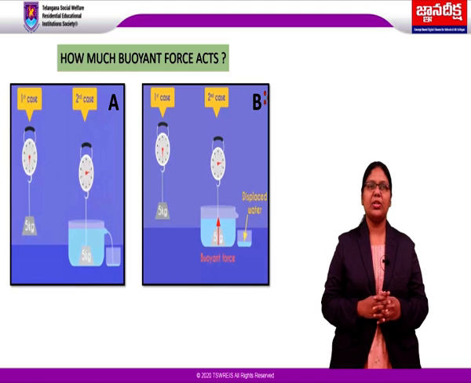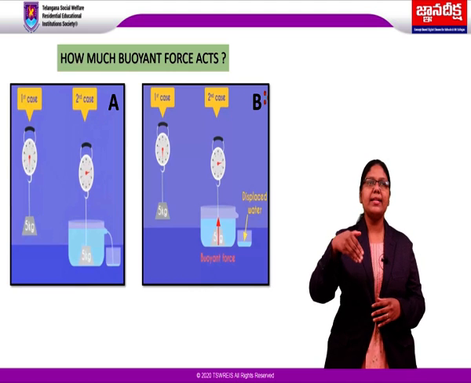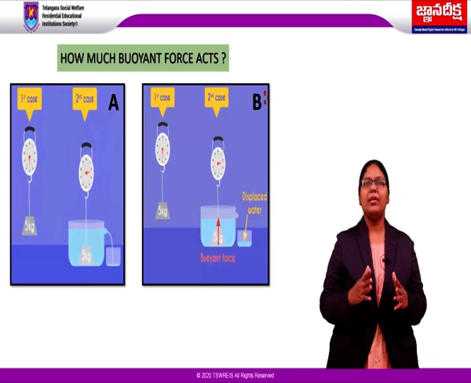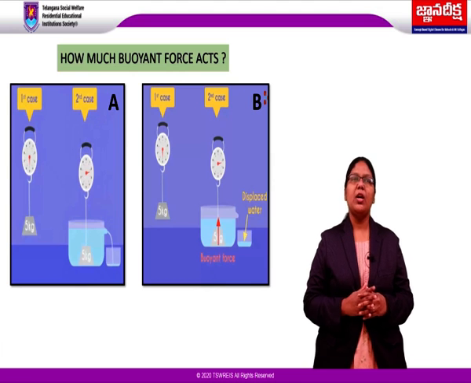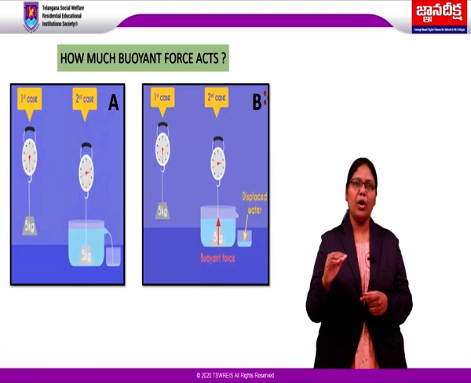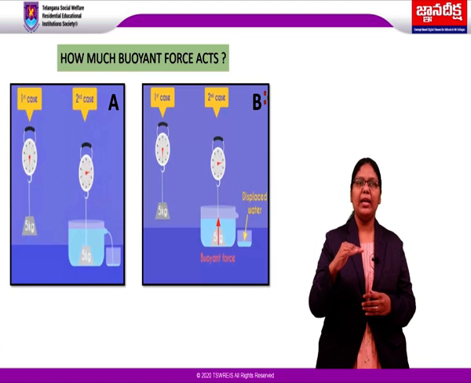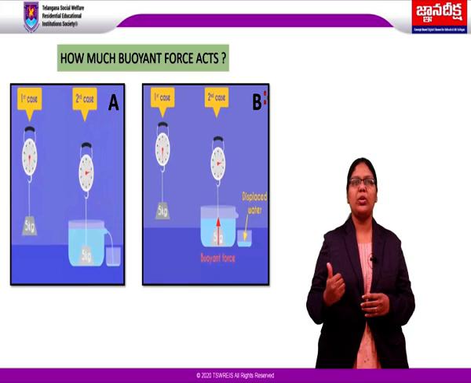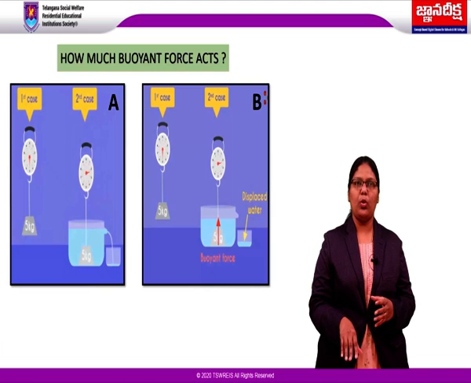As you can see in the picture, take a solid object of mass 5 kg and suspend it on a spring balance. The balance will weigh 5 kg. Let this be the first case. For the second case, take a beaker with a small opening at the top and fill the water in the beaker right up to this opening, and keep a small container near the outlet of the opening as shown in figure A. Now as shown in figure B, slowly lower the solid object into the water.